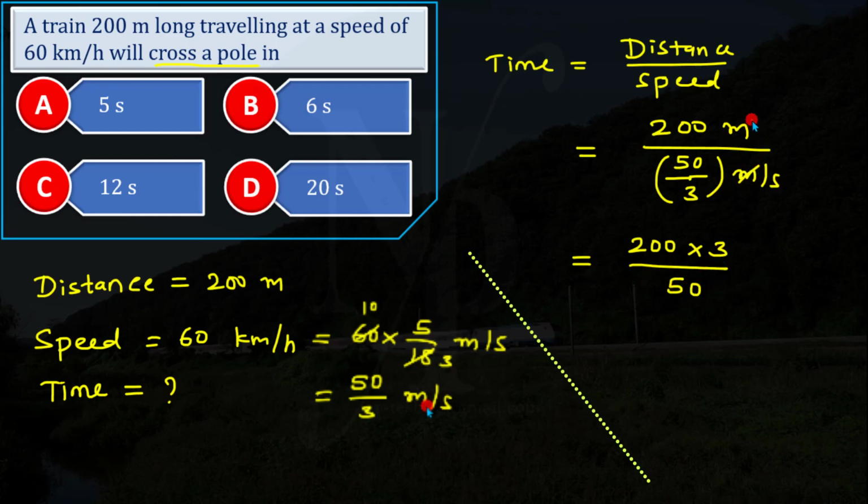Units here, meter cancels, so second comes to the numerator. Time will be in seconds now. So I cancel these zeros, and 5 1 times, 5 4 times is 20, 4 into 3 is 12, which will be 12 seconds. Time taken by the train to cross the pole is 12 seconds, which is in answer option C, and answer option C, 12 seconds is the correct answer for this question.